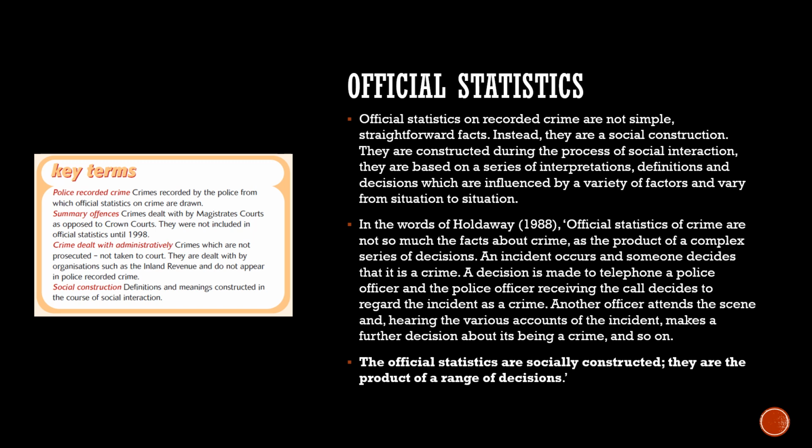So there is a lot of decision making prior to the police even beginning an investigation or recording a particular incident that can have a high impact on crime statistics.